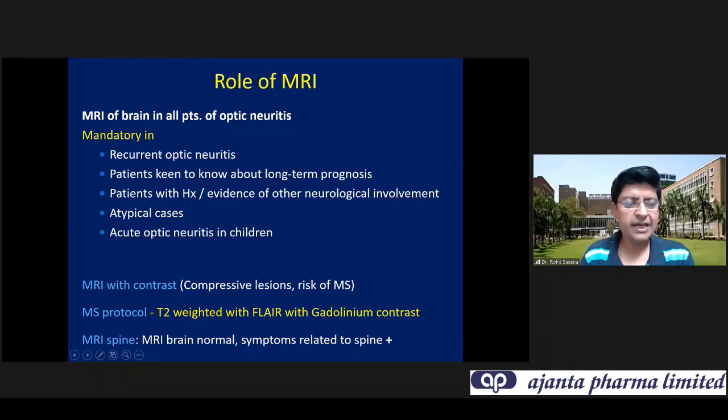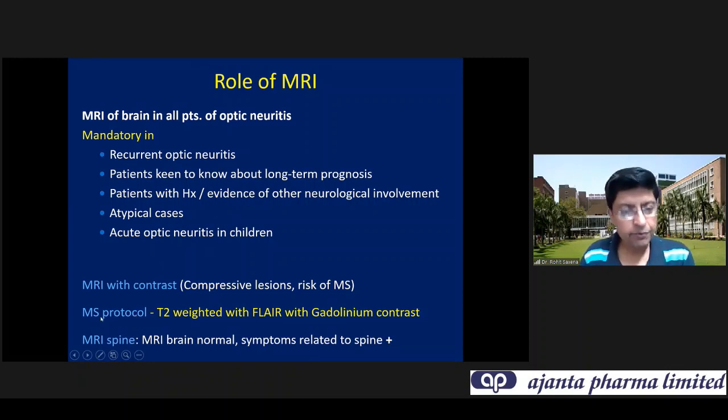You need to insist on an MRI in the case of a recurrent optic neuritis, patients who are keen to know about long-term prognosis, patients with history or evidence of other neurological involvement, in atypical cases, and in acute optic neuritis in children. So MRI becomes absolutely mandatory, although, like I said, it is probably an essential investigation in all patients.